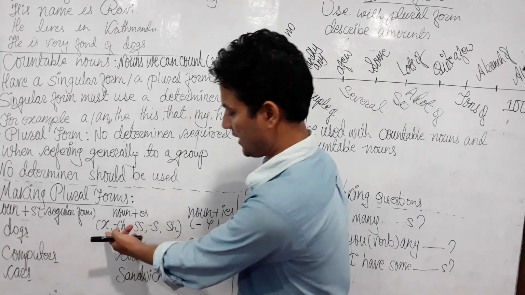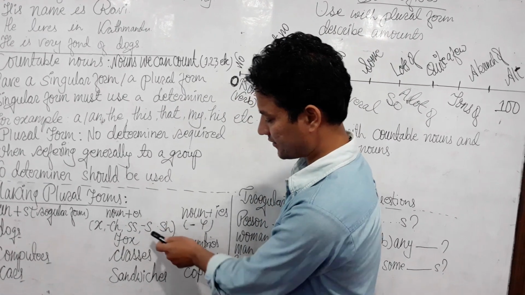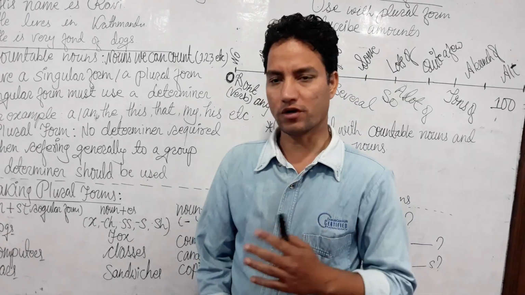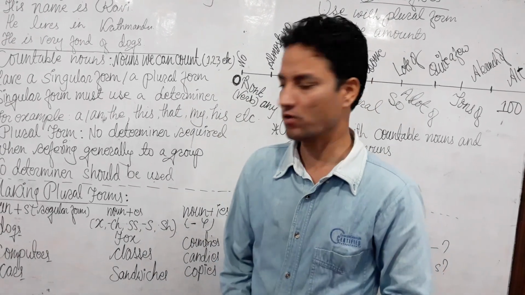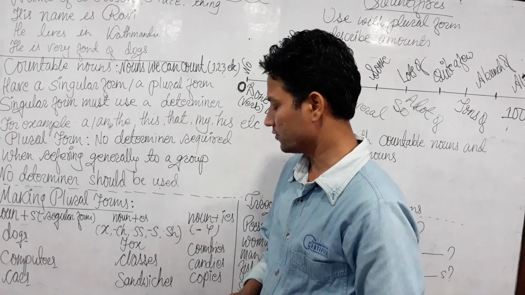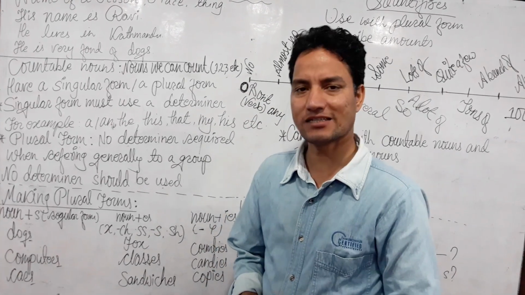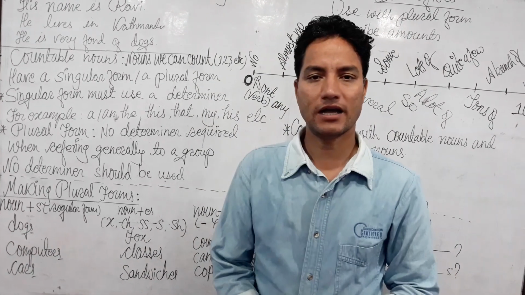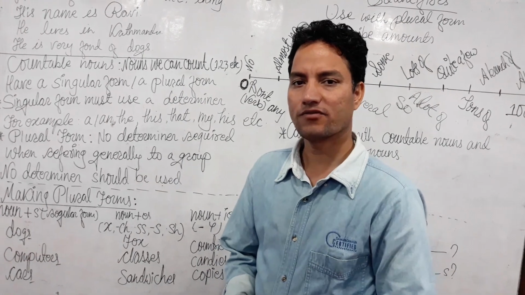Another way of changing a singular countable noun into a plural noun is to add es to words which end with x, ch, ss, s. For those words, we have to use es to change them into plural. For example, fox ends in x, so the plural of fox is foxes.